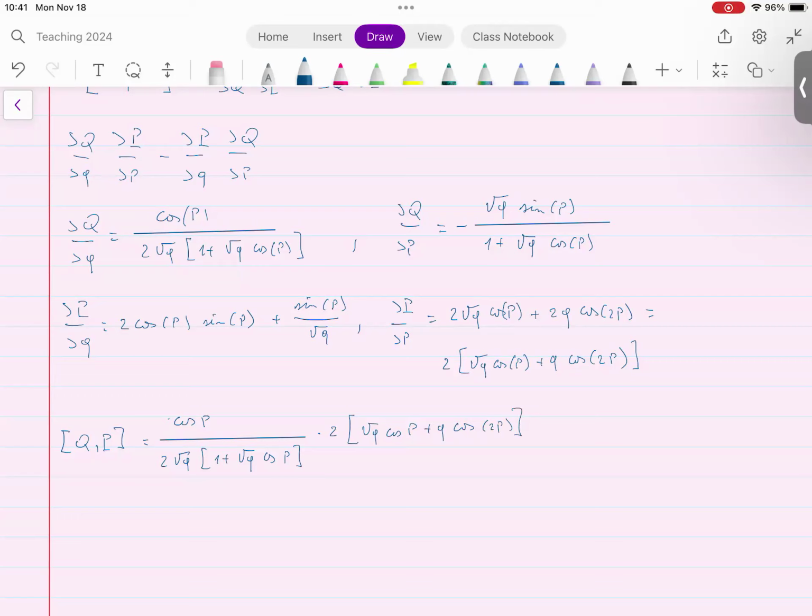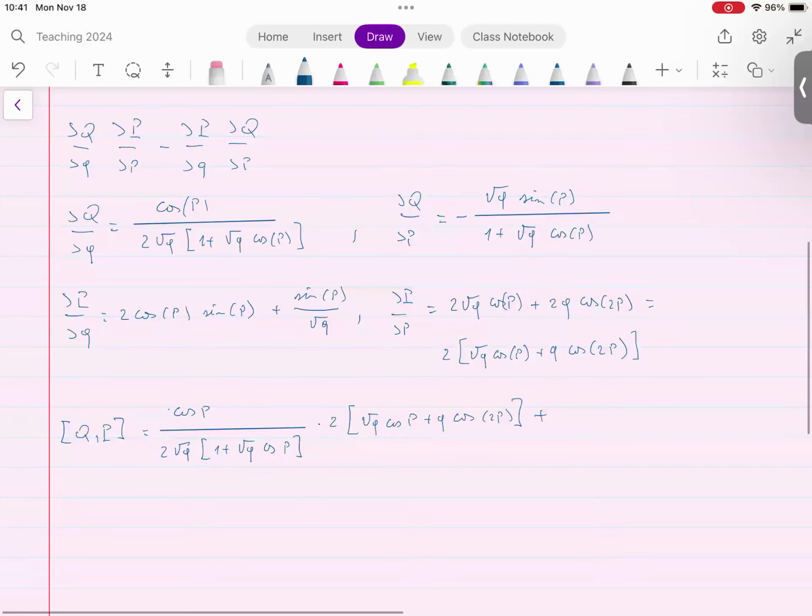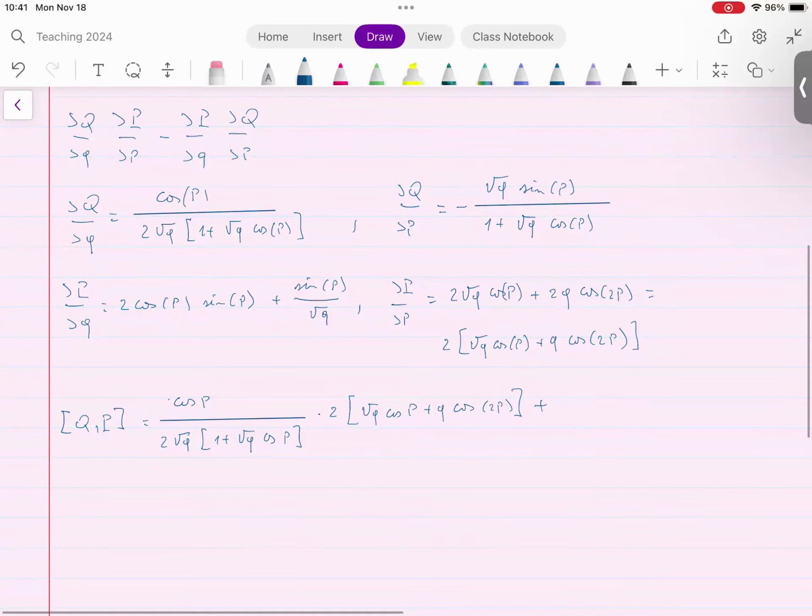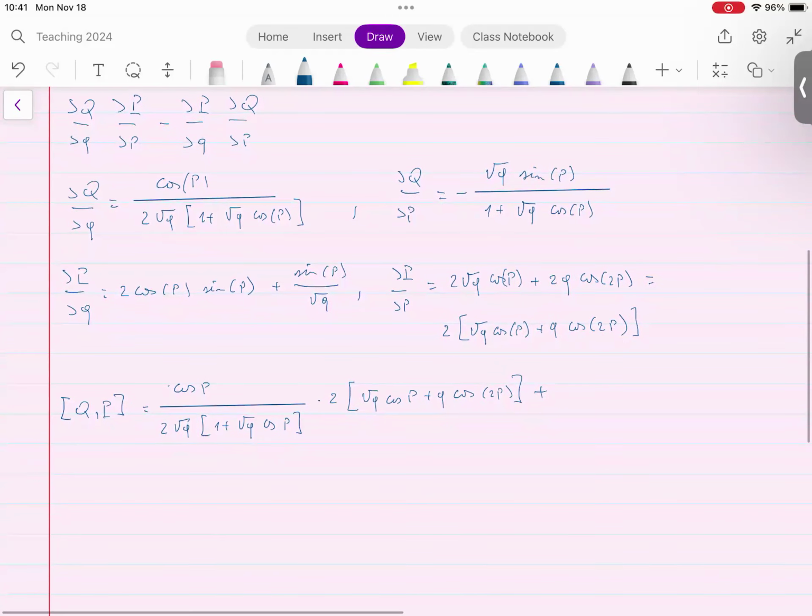Then I have minus dq dp, which has a minus sign, so it gives me a plus. dp dq is 2 sine p cos p plus sine of p over square root of q times dq dp.